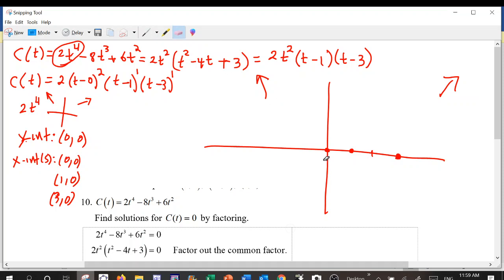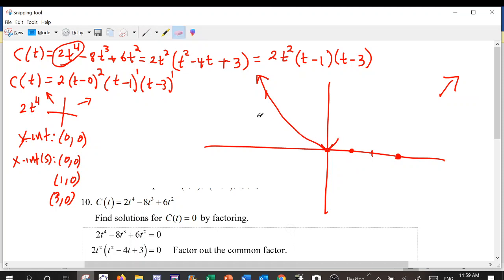All right, now how does it behave at 0? Let's go look at it. So 0 is in this factor, and this factor is to the 2nd power, so it has to bounce. So at 0, it bounces. Now we know it doesn't bounce from the bottom because it's up here, right? It has to bounce from the top. So it comes over here, it bounces off this point.